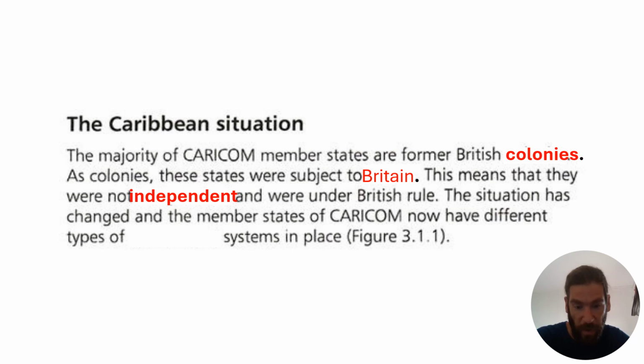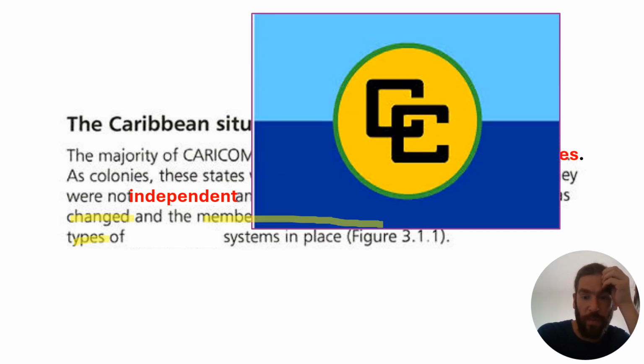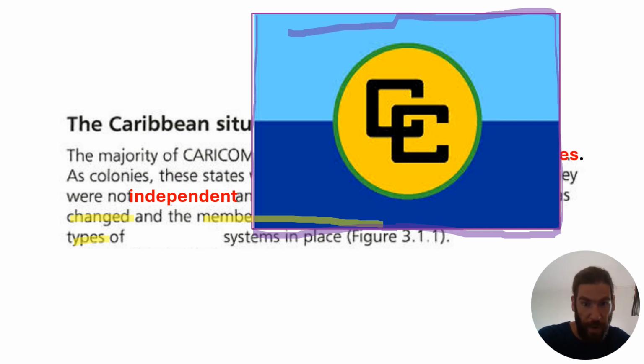The situation has changed. La situación cambia. And the member states of CARICOM now have different types of government systems in place. Here you see the flag of CARICOM, and a lot of countries, like for instance Jamaica and Belize, and even Curaçao is now an associated member of CARICOM.